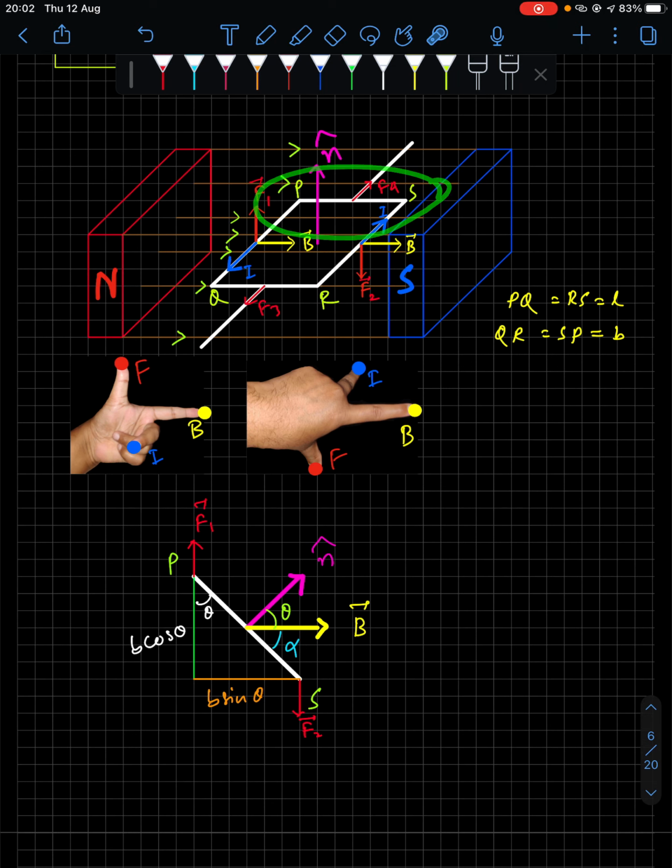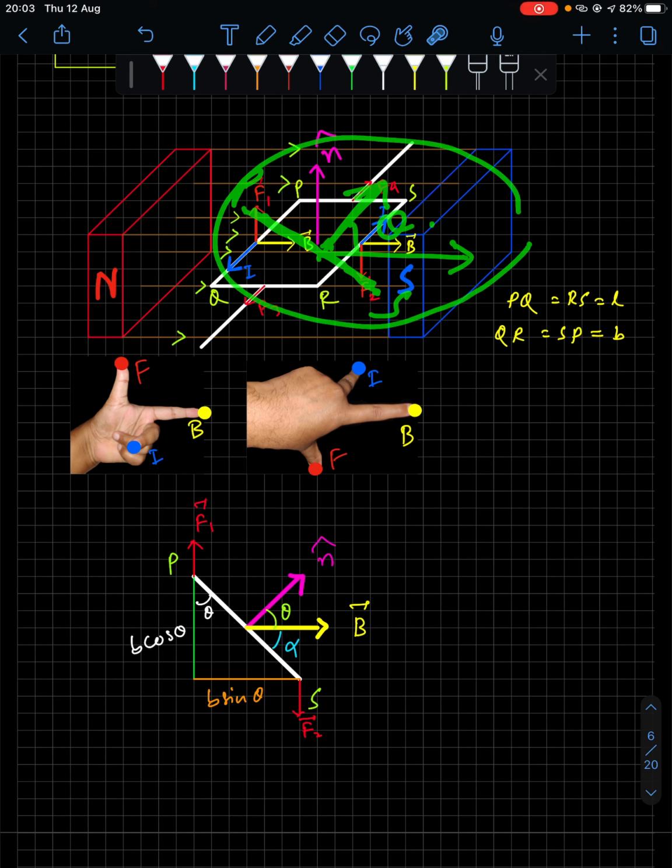If I draw a line, say this QR, then the very next moment the line SP will fall like this, S and P. And since B vector is along this way, n cap will be along this way, because n cap is supposed to be perpendicular to the plane of the coil. Therefore this angle is theta.